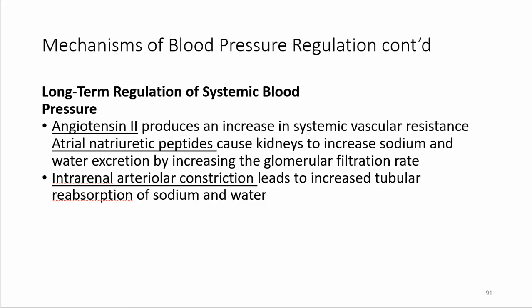This slide makes it seem backwards. And it's really not an important mechanism. So we're going to worry more about the atrial natriuretic peptide, because this is not reabsorption, it's excretion.